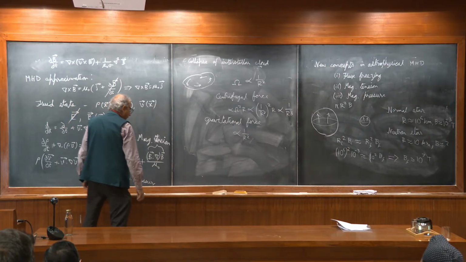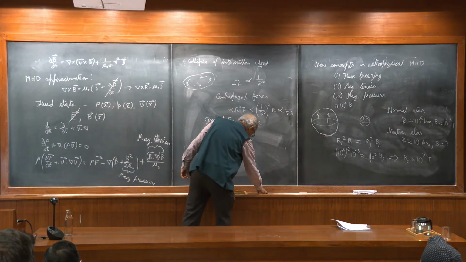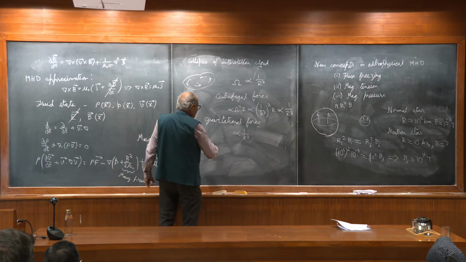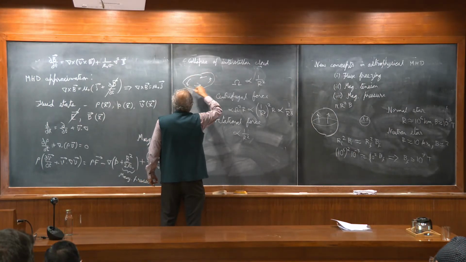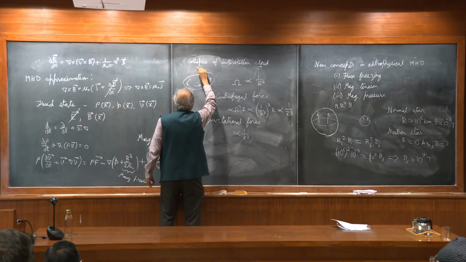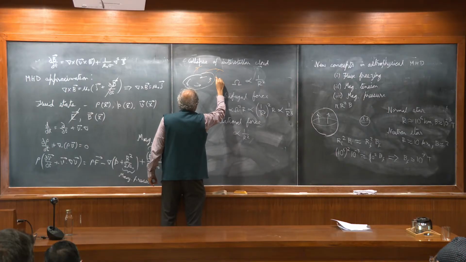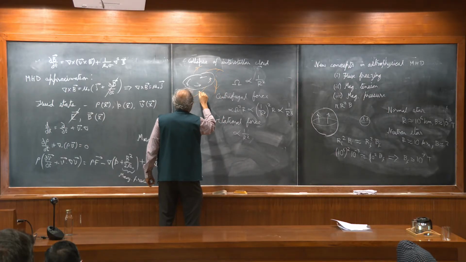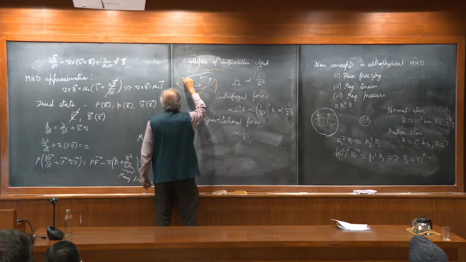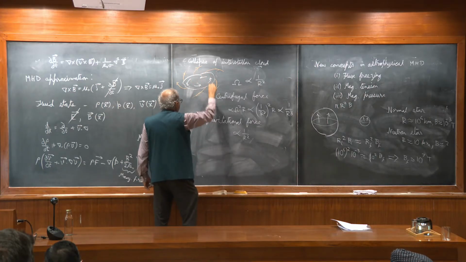this interstellar gas cloud would also have some magnetic field associated with it, and as it is rotating, the magnetic field would get tangled and have this kind of a structure, getting increasingly more and more tangled.